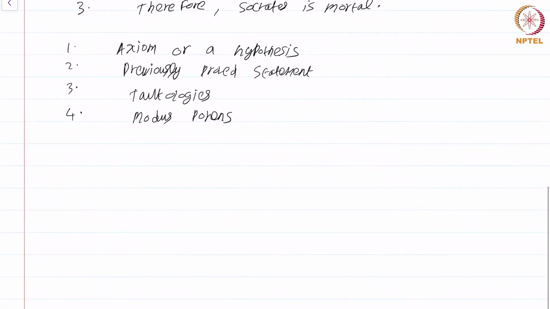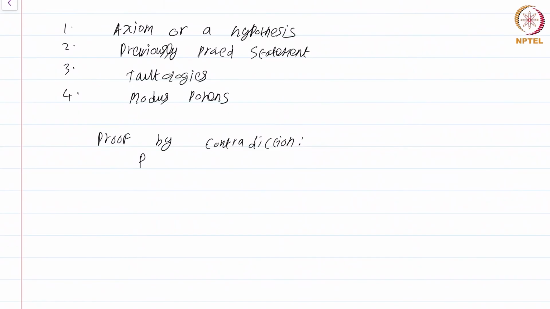Okay, so just one more remark I want to make. It's about proof by contradiction. This is a very, very powerful technique that is used extensively in classical as well as modern mathematics. Suppose you want to prove a particular statement P. To prove P, instead of directly proving P, what you do is you consider the statement negation of P and consider that also as a hypothesis.